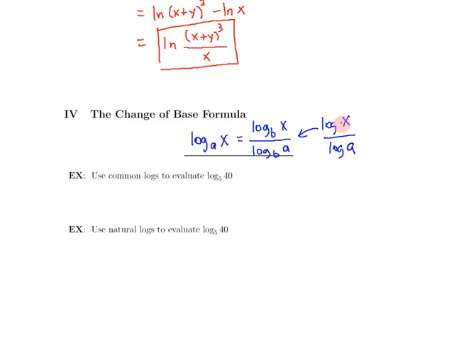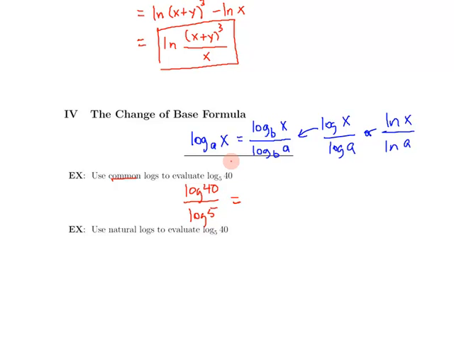Now why is that good? That's the common log. Your calculator has a common log. Or natural log. You can do the natural log of x over the natural log of a, and you will get the same answer. Let's test that. Let's look at log base 5 of 40. So we're asking 5 to what power gives me 40? So take log of 40, I'm using common logs because that's what the problem says to do, divided by log of 5.